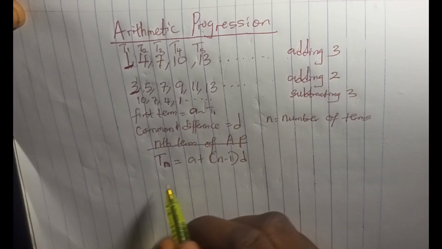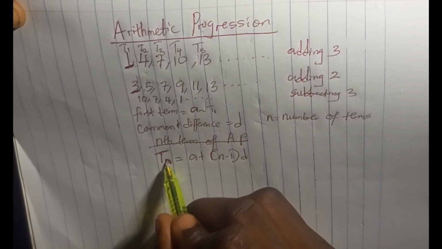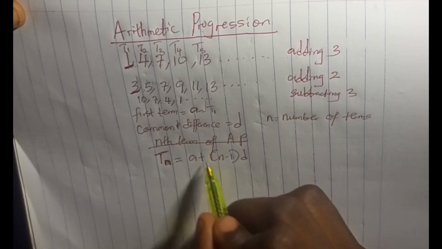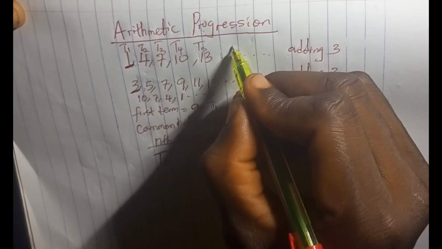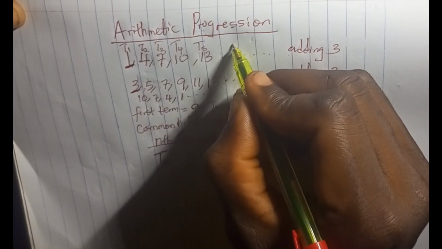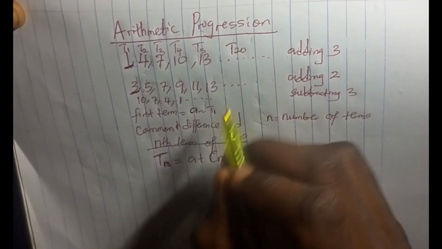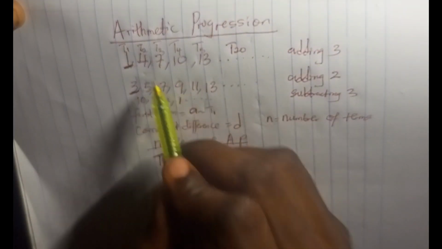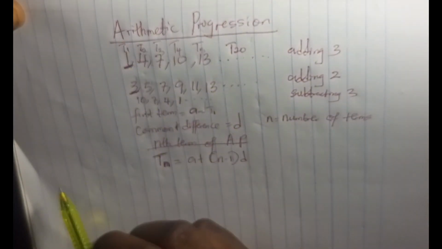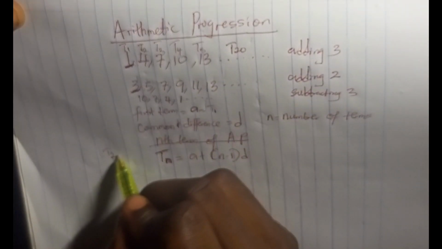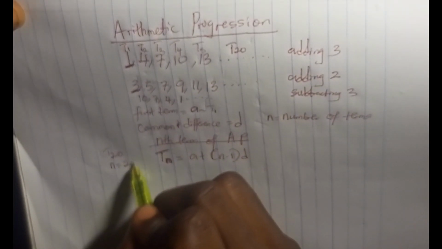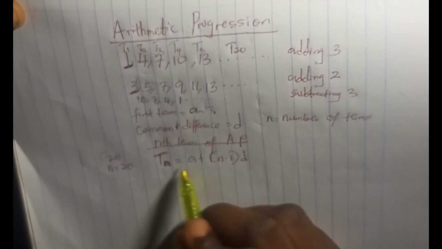It is given by Tn equals a plus n minus 1 times d. Imagine I want to get the 20th term. What do I have to do? Should I keep adding 3? No. Me saying T20 means that n has to be 20. So wherever I see n here, I'll put 20.